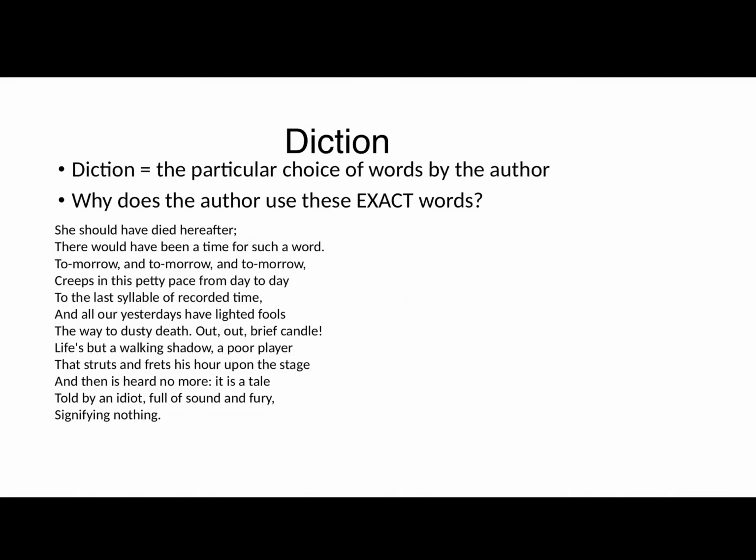Diction is probably maybe the most applicable one to everything, because what diction is, is why does the author use these particular words. Everything that you've ever read or heard could have been phrased slightly differently, right? But why does the author choose these specific words?